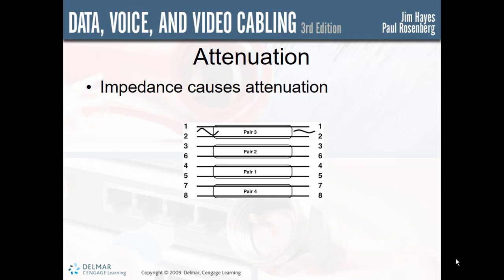Attenuation is expressed in decibels, where 20 dB, or decibels, is an attenuation factor of 10. As with everything else we've talked about, attenuation is a function of frequency, increasing at higher frequencies, and must be tested at operating frequencies. Testers will test at the frequencies specified in the category of cable being tested.